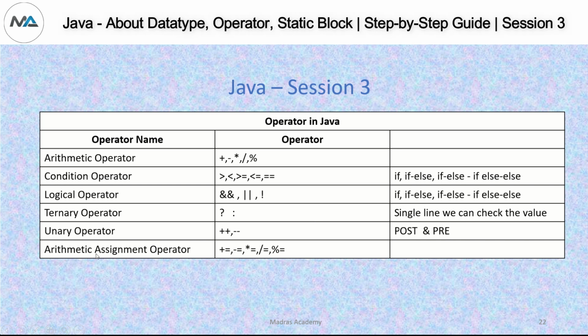As well as we have the arithmetical assignment operator. Okay, so in all the arithmetical operators we have an equal to symbol. And comparing with the unary operator, with the arithmetical assignment operator we can add any number or subtract any number from the first number to the second number.